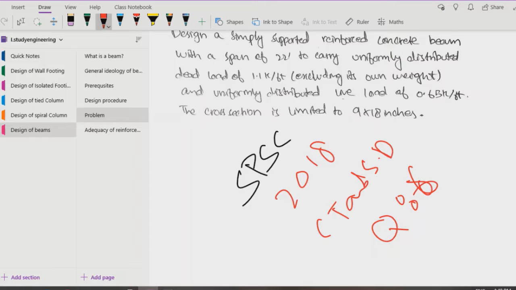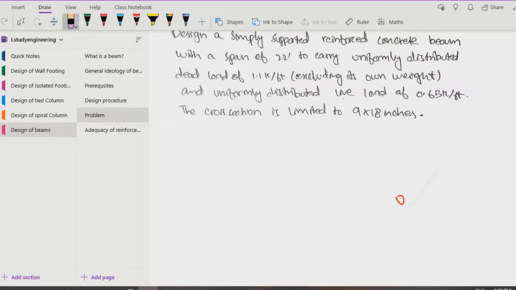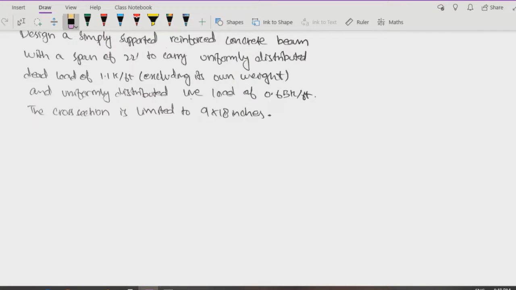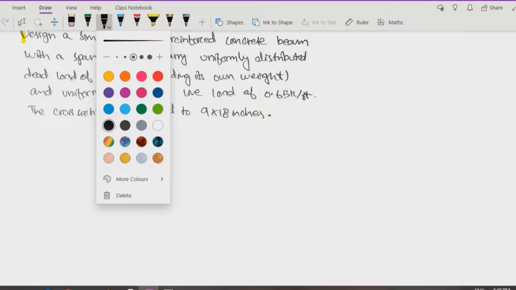Before getting to all those steps of design, we initially need a few data from this statement to further design this question. What sort of data do we require?